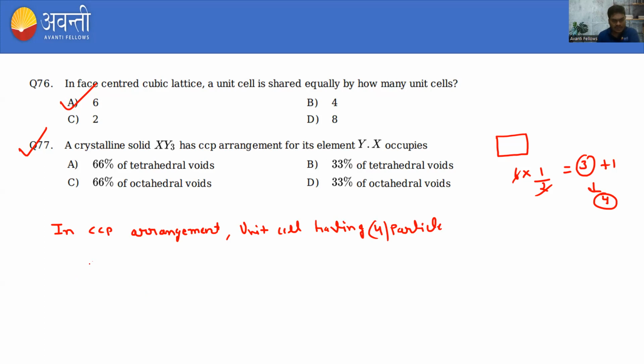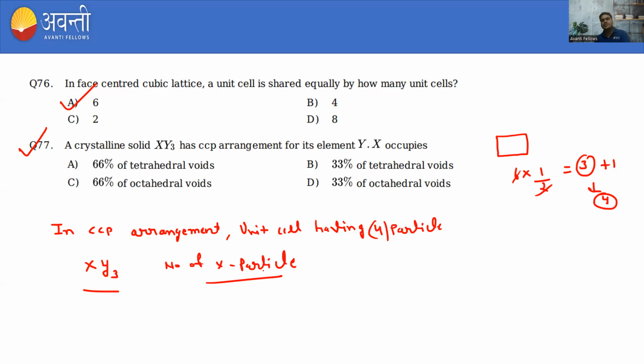Now in the given question, the formula is given as X Y cube. To keep this formula, what is the number of X particles?